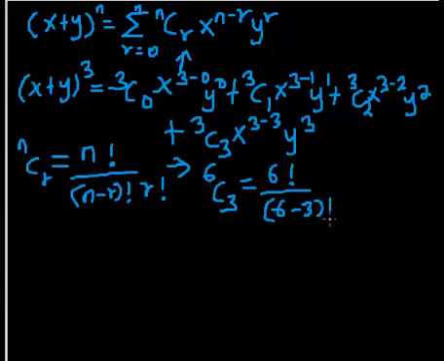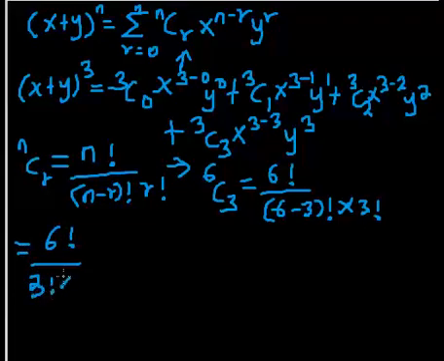Then I multiply it by r factorial, of course the r is 3 factorial. So now this is going to be equal to 6 factorial, then of course 6 minus 3 factorial gives me 3 factorial, then times 3 factorial.